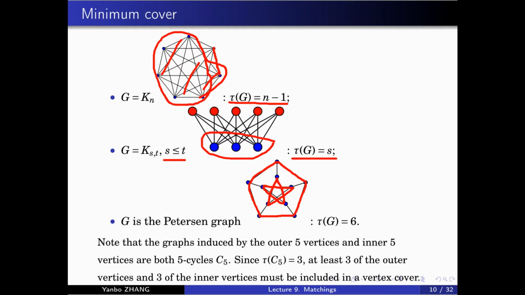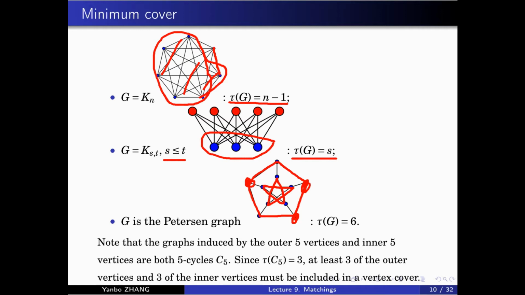Also, the edges in the inner C5 are not incident to the vertices in the outer C5. To cover the 5 edges of a 5-cycle, we need at least 3 vertices: 1, 2, 3.